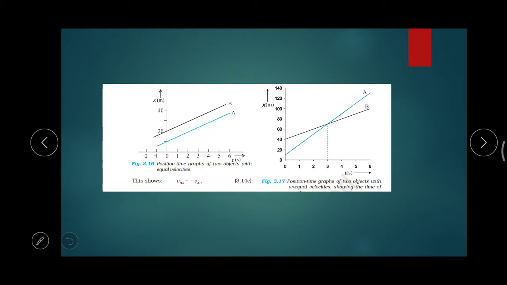In the first graph you can see that VB is equal to VA, but their initial positions are different. At time 0, VA is beginning from 10 meters, but VB is beginning from 20 meters.